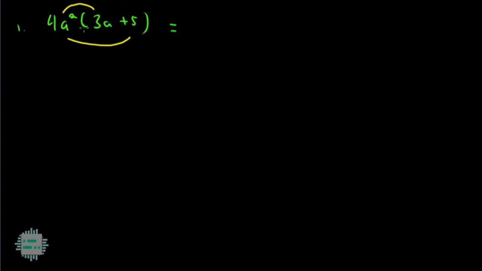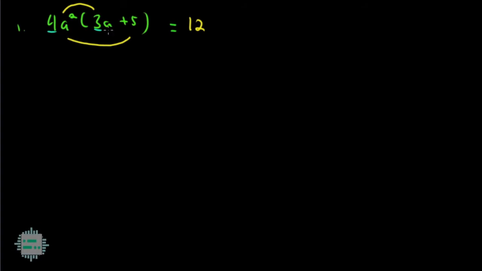Simulan natin dito sa 4a squared and 3a. Let's first deal with their numerical coefficients. Yung 4 and 3, i-multiply mo muna yan. 4 times 3, parehas naman positive, so positive 12 yun. Then you deal with the variables. Pansinin na ito ay a squared multiplied by a.